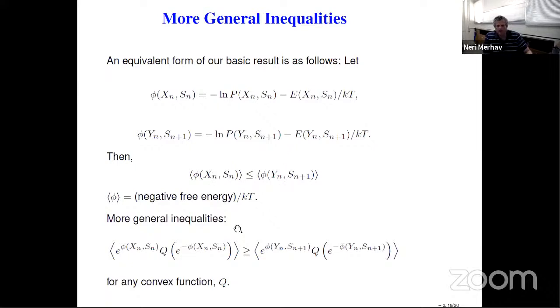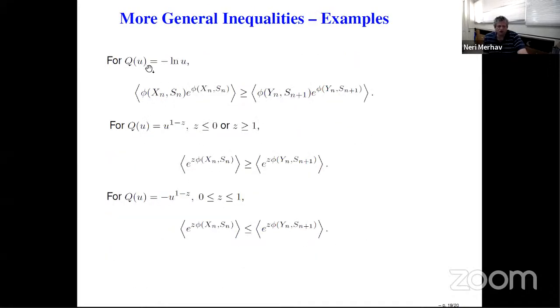But now, when I'm replacing the logarithmic function of the divergence by a general convex function, Q, I'm getting generalized inequalities associated with the free energy before and after the cycle. So for certain specific choices of the convex function Q, I'm getting certain interesting inequalities.